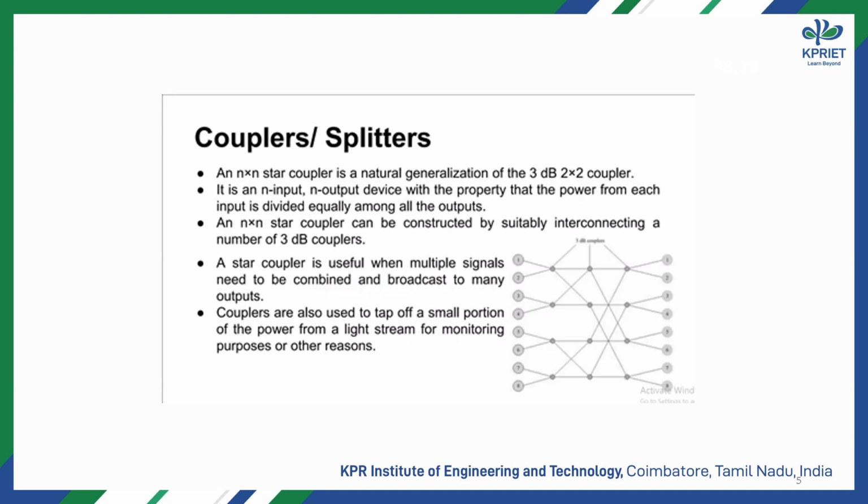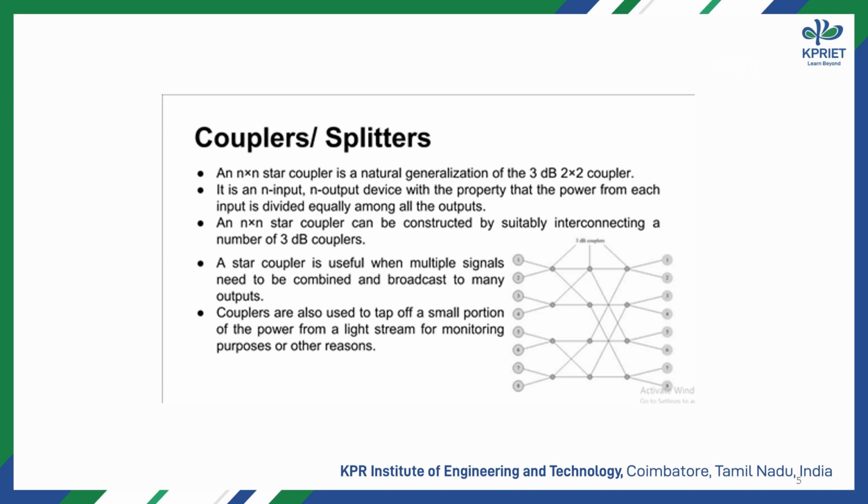Next, we are going to discuss another type of coupler called the N cross N star coupler. They are designed using 3 dB couplers. As usual, an N cross N coupler will have N input ports and N output ports.